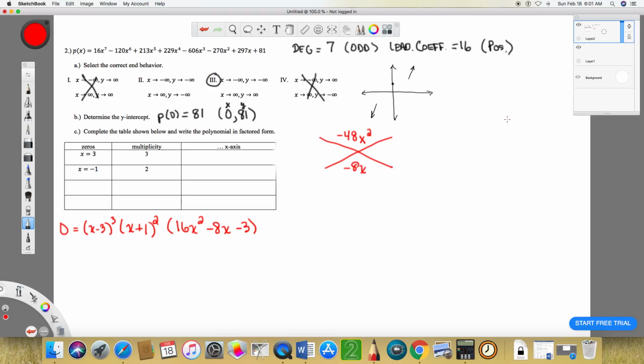Let's look at the prime factorization. Let's break down 48, and then we'll build it back up. We've got 4 factors of 2, which is 16, times 3.